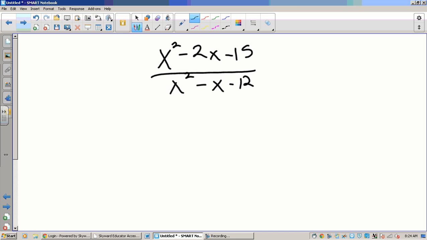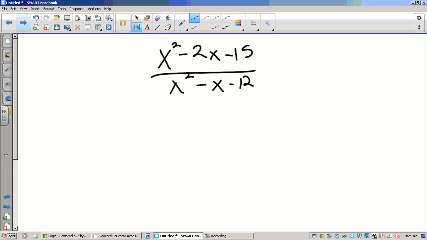Now someone was already starting to ask this: does it matter what's in the numerator? It does. You have to ask yourself, can I factor the numerator? Can I factor the denominator? Can I factor this?